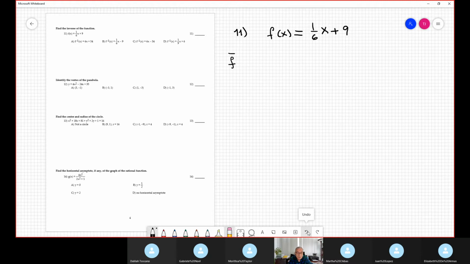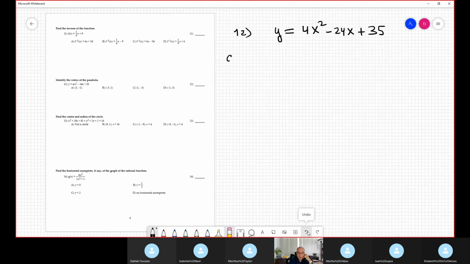Let's do 12 now. Number 12 is easy also because they want you to identify the vertex of the parabola. The parabola is y equals 4x squared minus 24x plus 35.